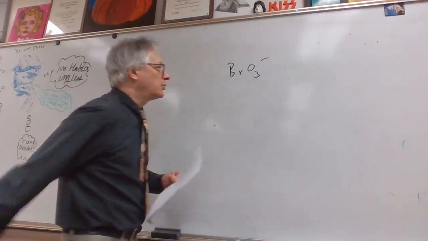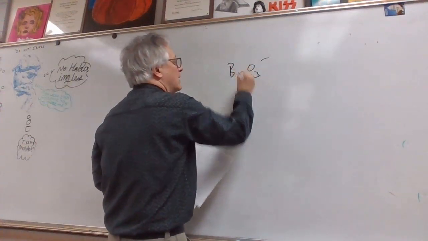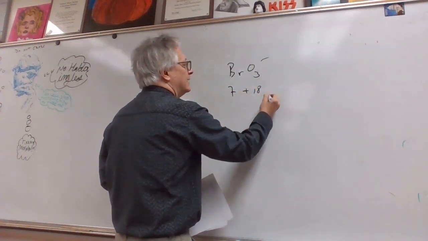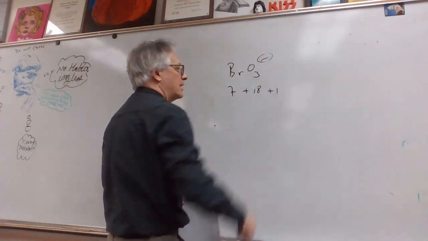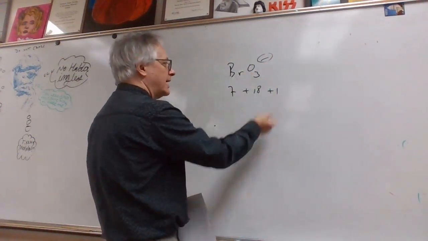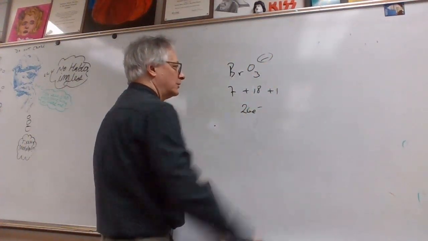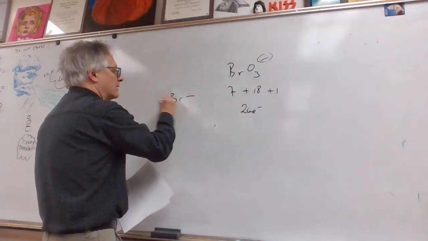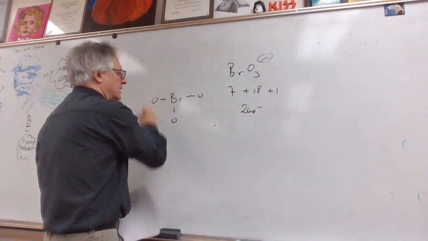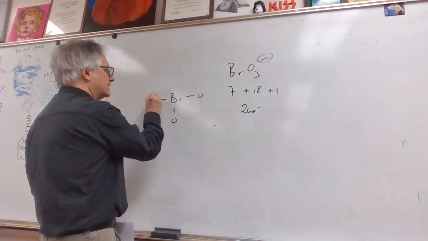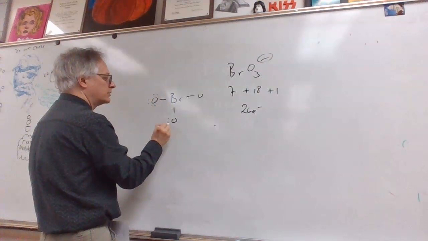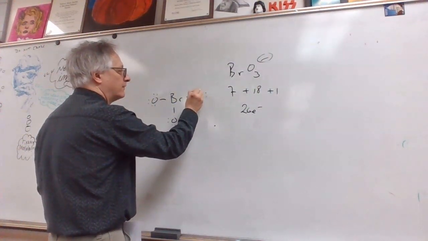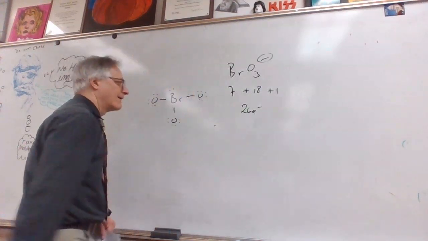BrO3 with a -1 charge on it. Looks like a V. So I got 7 electrons from the bromine, plus 18, plus 1 electron. So 18 plus 8, I've got 26 electrons all totaled. Put my bromine in the center, my oxygens, and I've got 2, 4, 6, 8, 10, 12, 14, 16, 18, 20, 22, 24, 26.